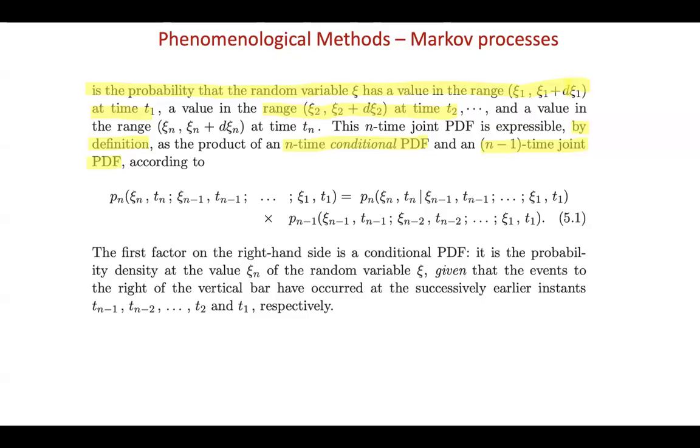So this conditional probability distribution function, by definition, this joint one is a conditional one times the Pn minus 1 joint one. This is by definition.